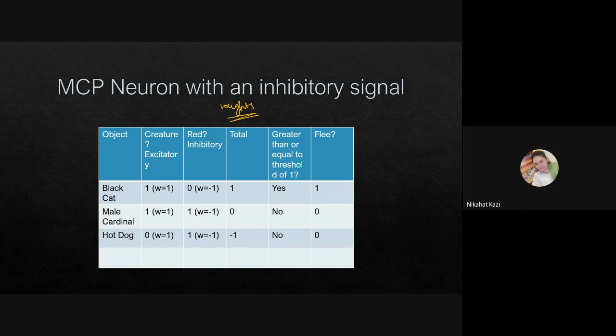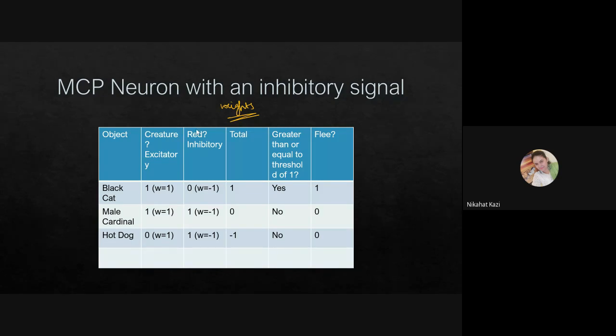The excitatory inputs will have weights of +1, and in the case of inhibitory inputs, the weights are -1. Okay.